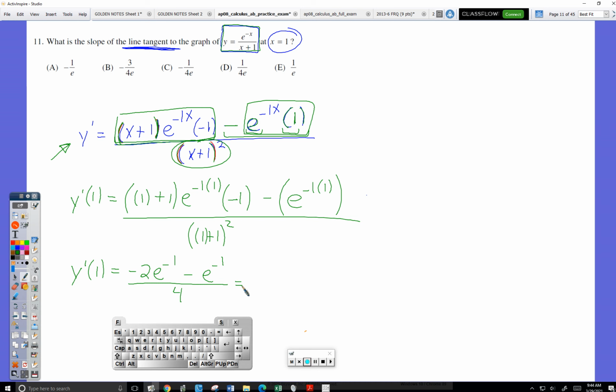But this in the numerator is just negative 3 e to the negative 1. And then they said, okay, that's none of the answers, so I gotta mess around with this a little bit.